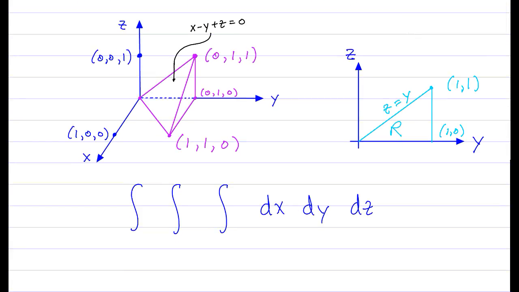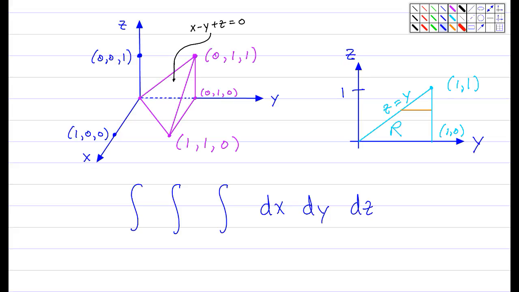Now notice the order of integration. Z is on the outside, Y is on the inside. That tells us that the person who designed this problem wanted us to do horizontal stripes here. Let me draw a little horizontal stripe. There it is. Okay, so outermost, Z. Z goes from here to here, which you can see is just 0 to 1.